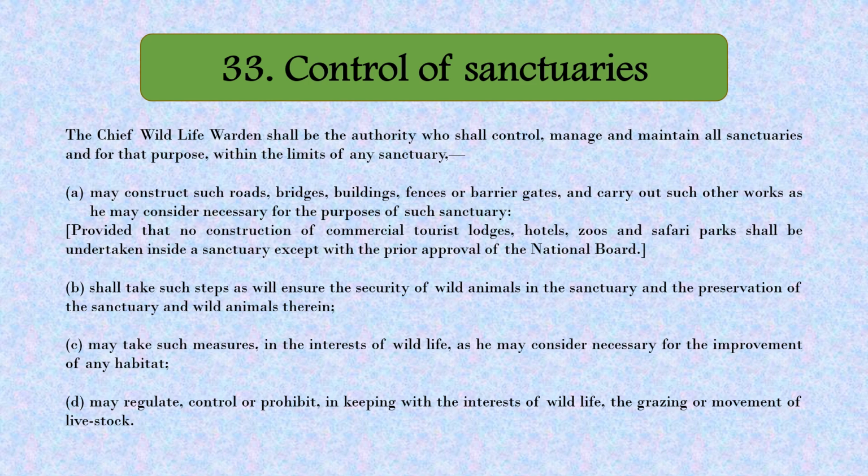And control means he or she shall manage and maintain the sanctuaries, and by maintenance it may be either construction of roads or any buildings or fences that are required for the protection of the sanctuary. And also there should be no commercial construction of buildings, like hotels or zoos or safari parks that are not required inside the sanctuary.